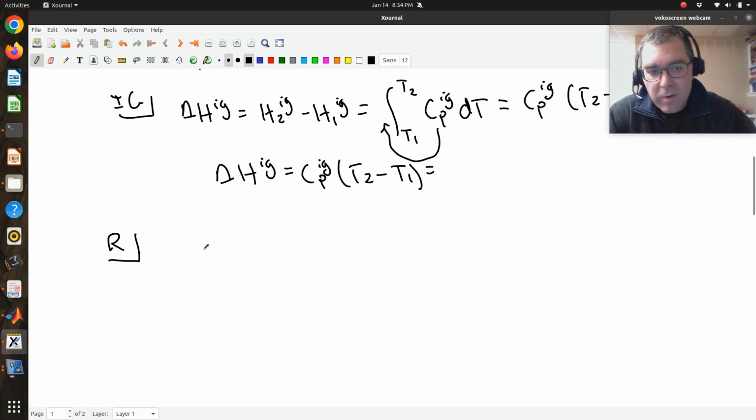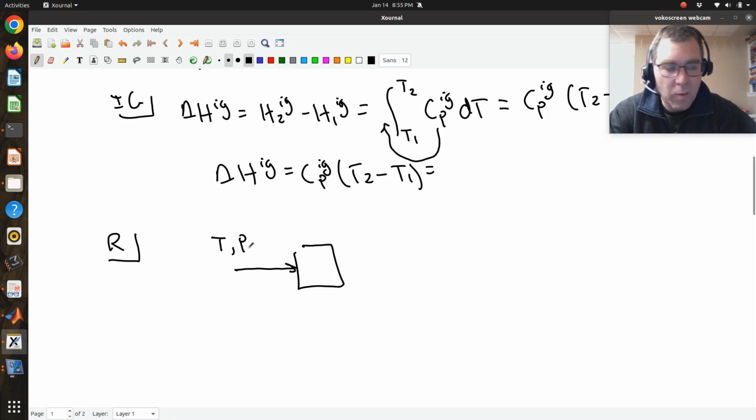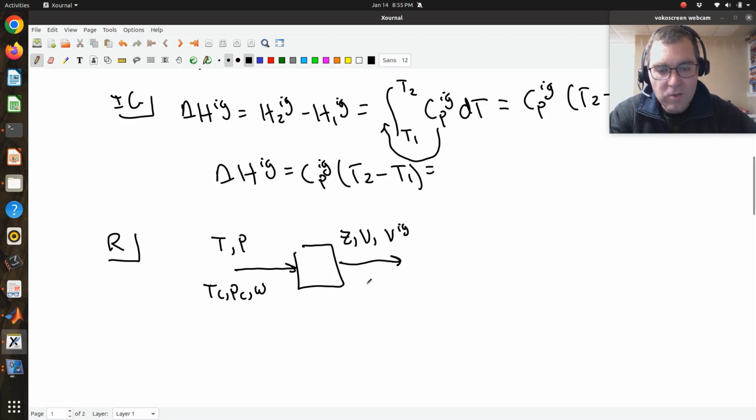When it comes to residual, the key is that when I'm using my SRK equation of state, I've got some black box. For inputs, I need to specify my temperature and pressure. This could be T1 and my pressure, which is just 1 bar, the pressure that's constant. Then I need my parameters TC, PC, and omega. That goes into the black box. In my updated code in Chapter 5, out will come Z, V, then V ideal gas, just like in Chapter 2.